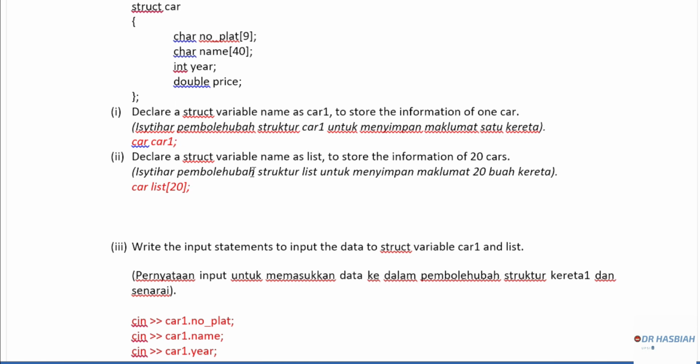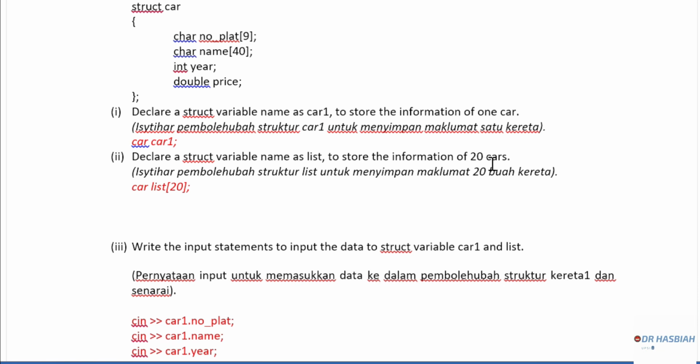The second question, declare a struct variable. You have to declare a struct variable name as list, to store the information of 20 cars. What does this question mean? The name of the struct variable is list, but now we want to store how many sets of information?